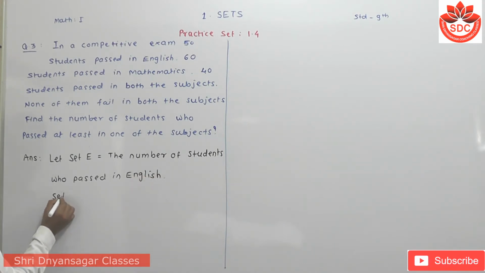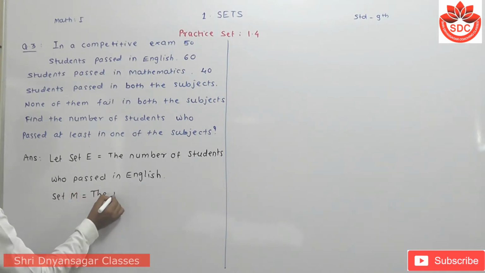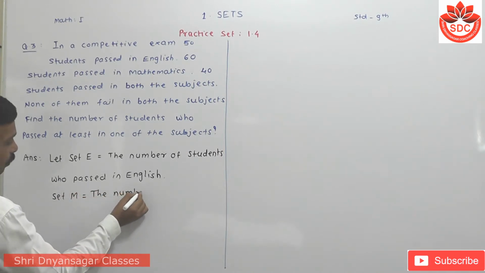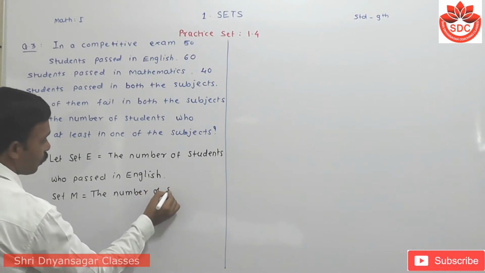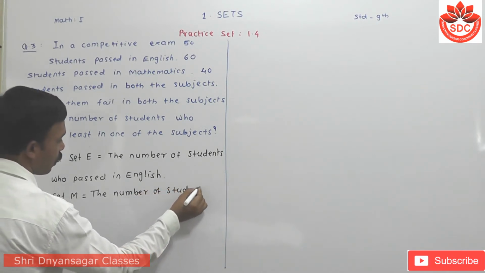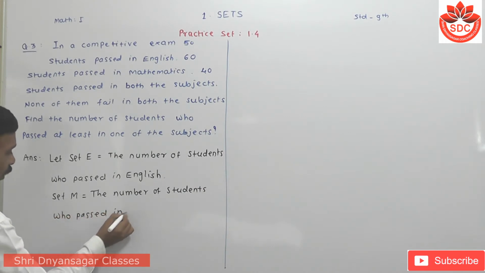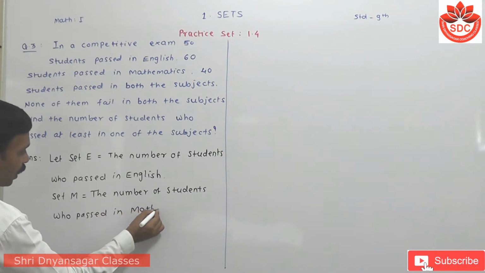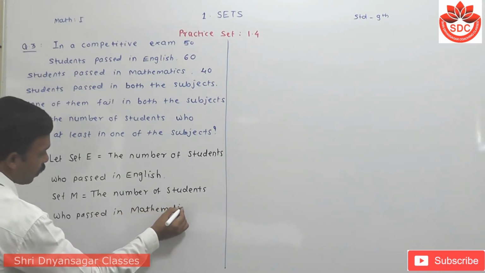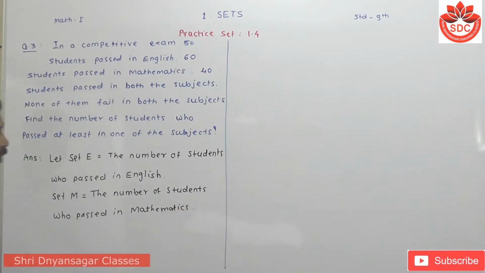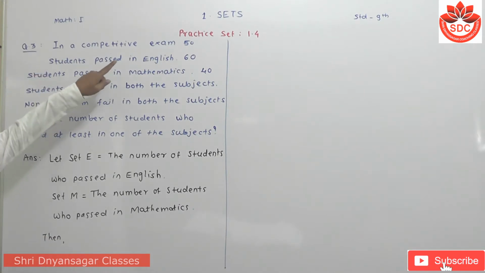Set M is equal to the number of students who pass in mathematics. Then observe carefully in this example.